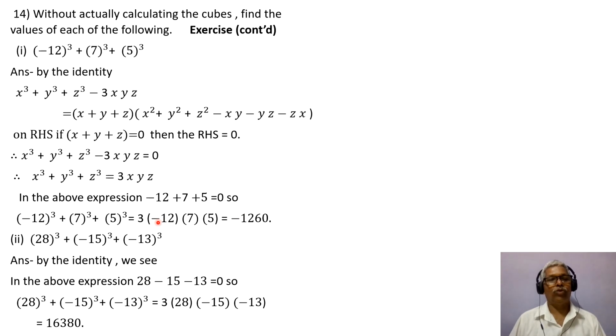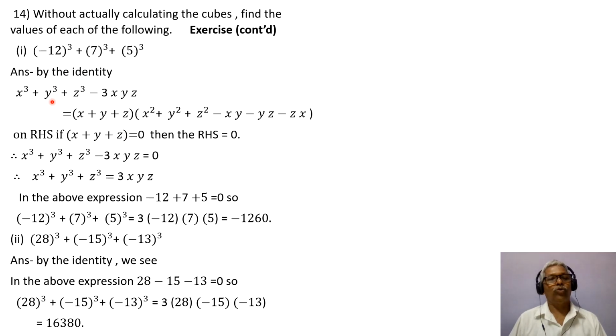Okay, there's one minus sign, so there will be one minus sign carried forward here. Okay, second one, 28³ + (−15)³ + (−13)³. Okay, we have to give the answer for this. Now answer by identity, this is the identity.